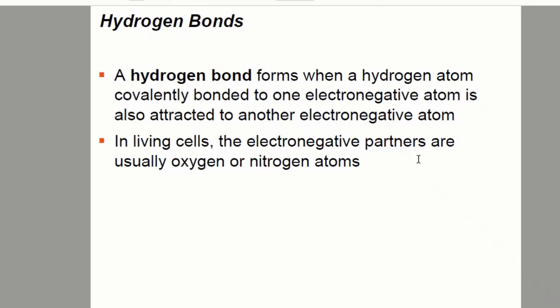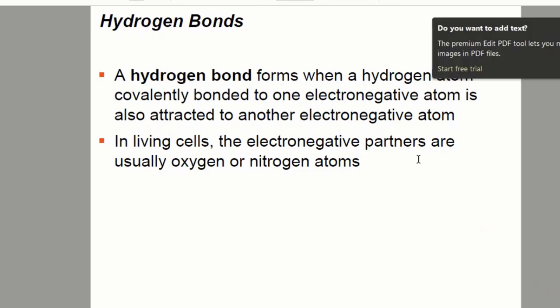So hydrogen bonds, you need to know that they form when a hydrogen atom is covalently bonded to one electronegative atom, and it is also attracted to another electronegative atom.